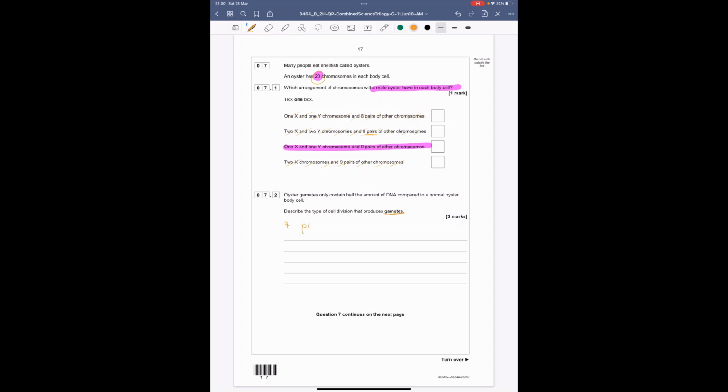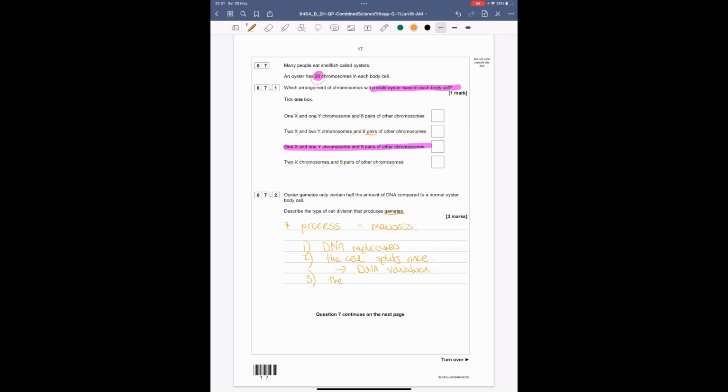So the process of making gametes is called meiosis. And then we've got to describe meiosis. Stage 1 of meiosis is the DNA replicates. Then part number 2, once it's made and doubled its DNA, the cell splits once. Okay, there is at this stage DNA getting crossed over, so there's DNA variation.